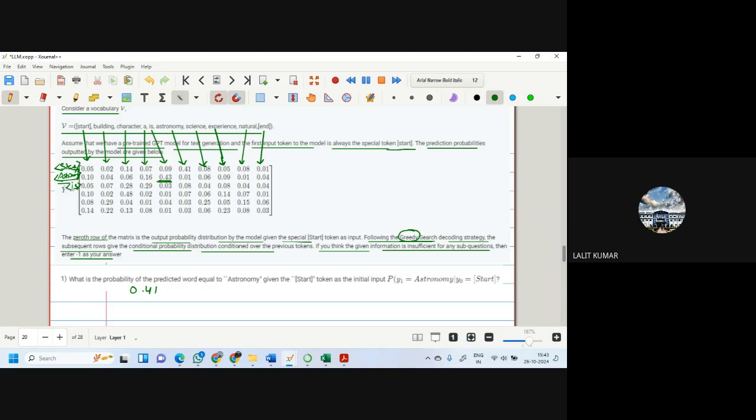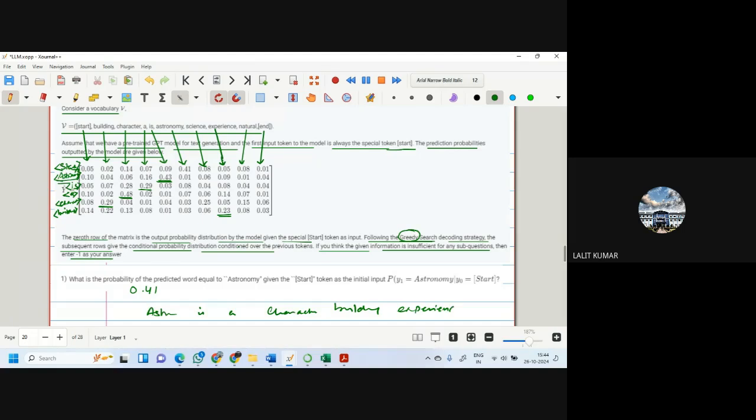Now here 0.29, so the next word will become "a". Now in this 0.48, so this will become "character". And in character is 0.29, this is "building". So by greedy, the sentence we have got is "Astronomy is a character building", and after building, the highest is 0.23, "experience".